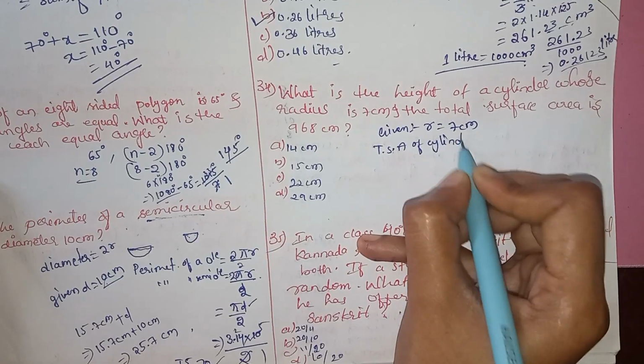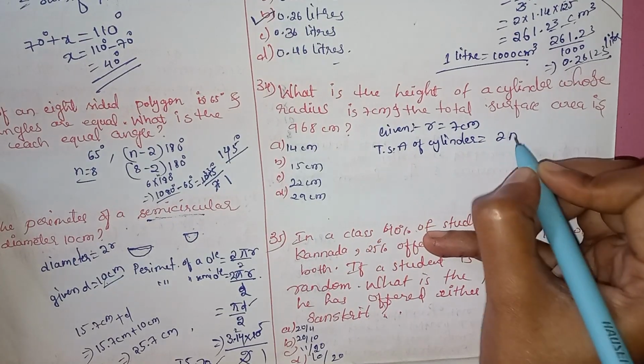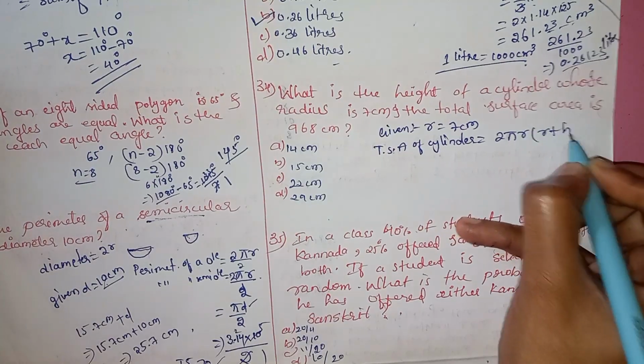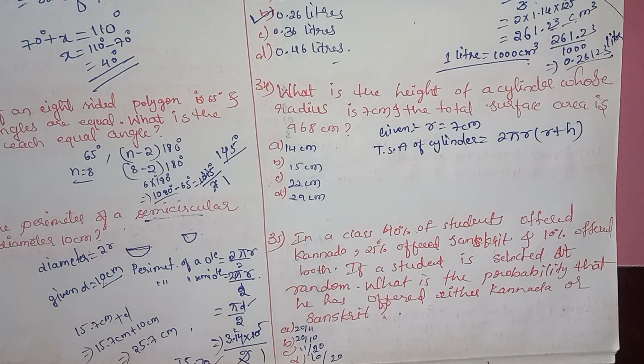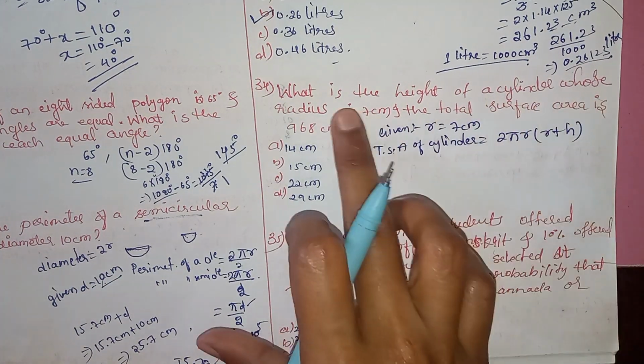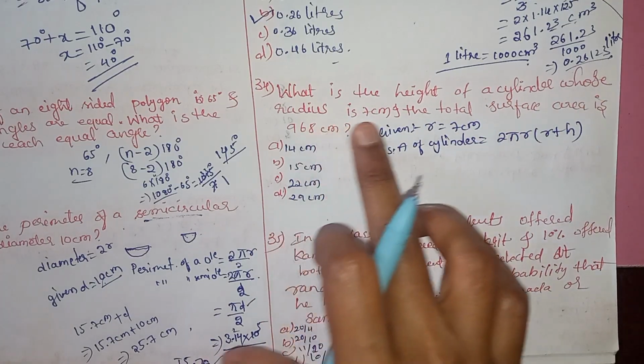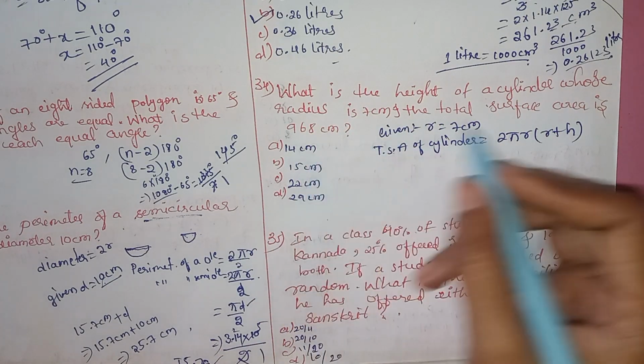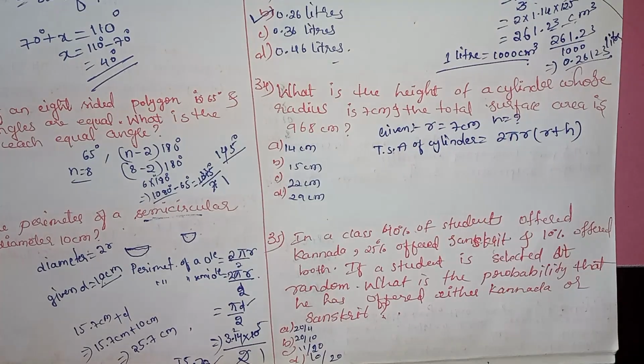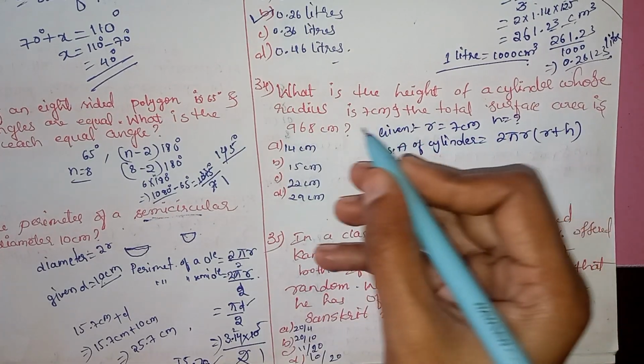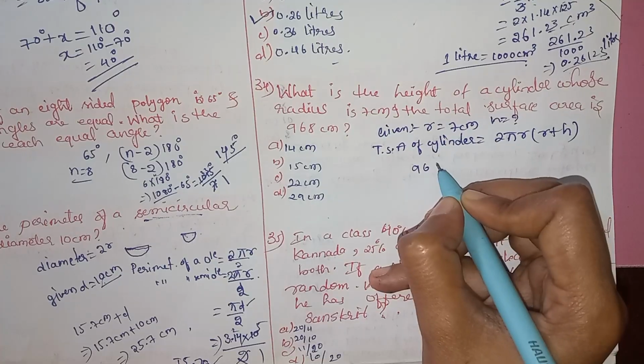What is the formula? It is equal to 2 pi r into r plus h, where h is the height. So we have to find the height. The total surface area is given: how much? 968.